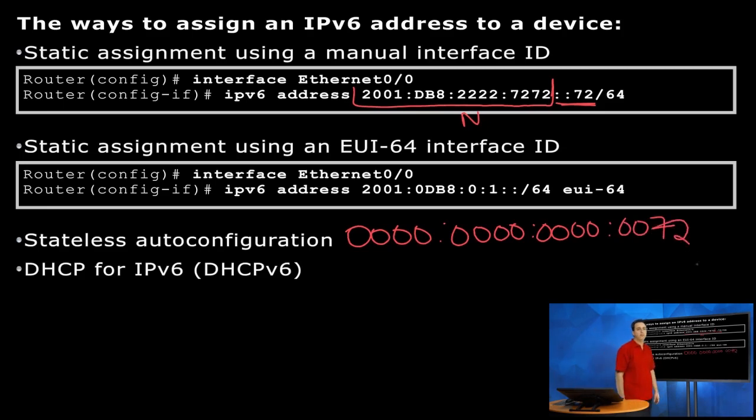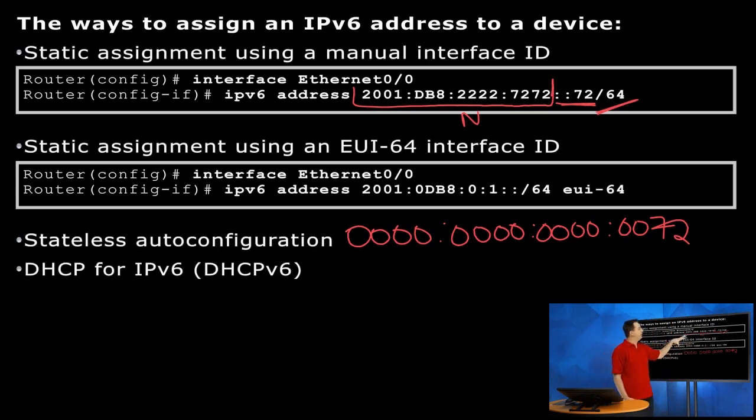We've truncated that down so that it just appears as double colon 72. And then we specify what is the prefix we're dealing with here. So essentially, what is the mask, okay? Subnet mask, if you want to call it that from our IPv4 days. But we call that our prefix length. So how long is that prefix length? It's a /64. So that means these first 64 bits are really the network portion. That's really what that means.